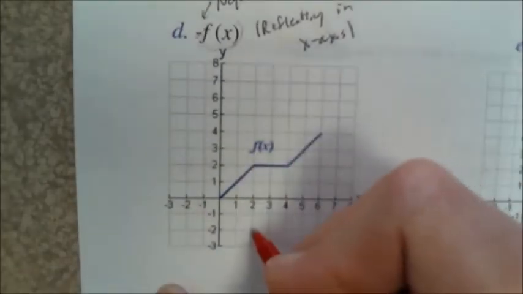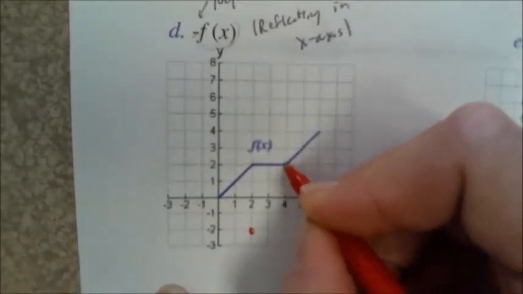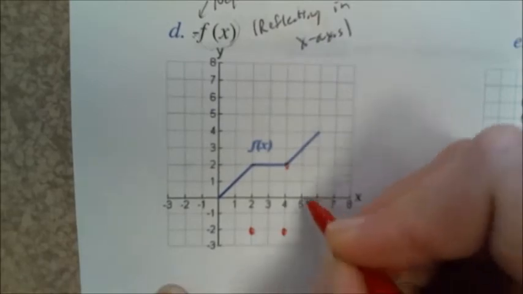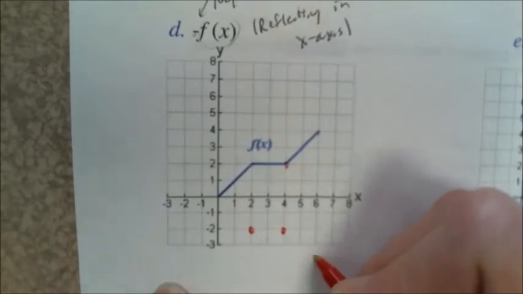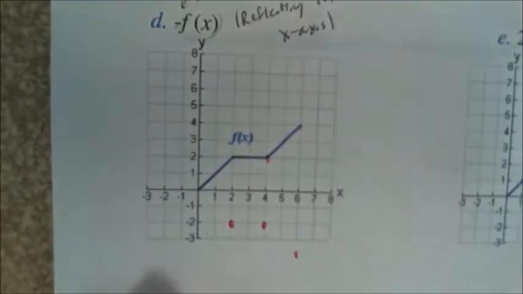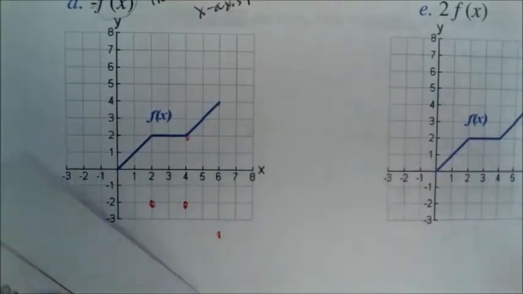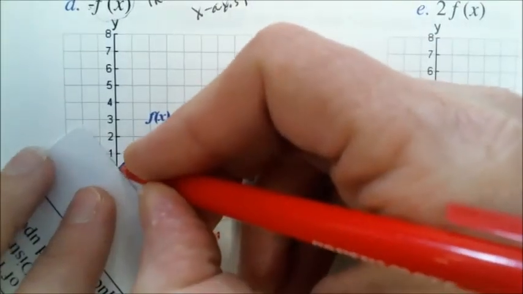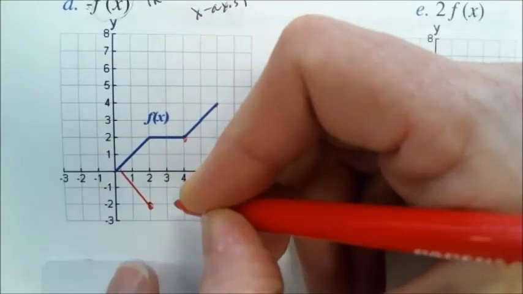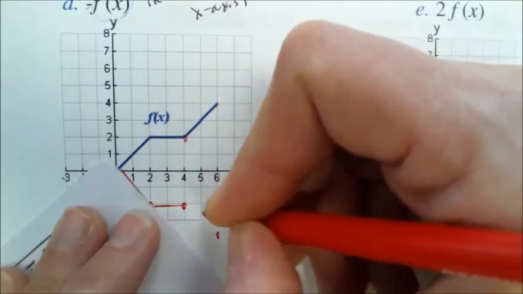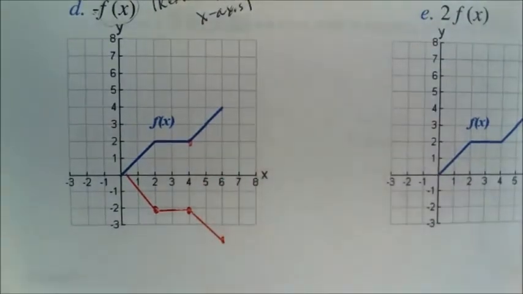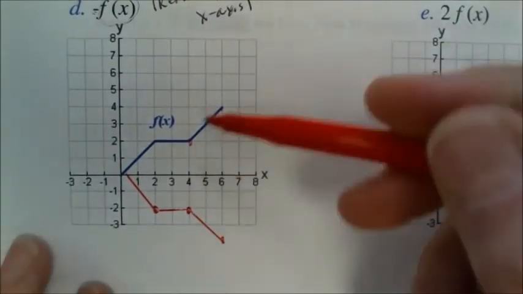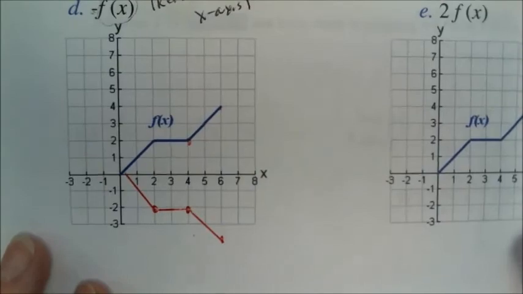So over 2, down 2. This becomes 4, negative 2, and this 6, 4 becomes 6, negative 4. So I'm going to just connect these together. You got your little spaceship going here. This is a reflection in the x-axis. It's been flipped over the x-axis.